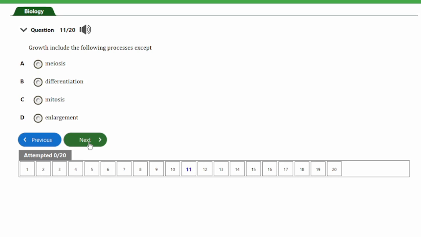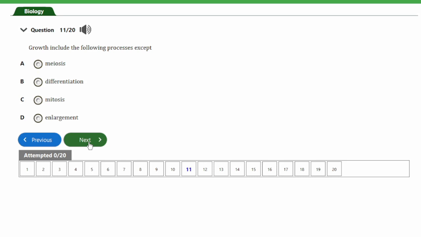The question says, growth include the following except A, meiosis, B, differentiation, C, mitosis, and D, enlargement. So guys, the answer to this question is option A, and that's meiosis. So in growth, there can be cell division, which is mitosis.